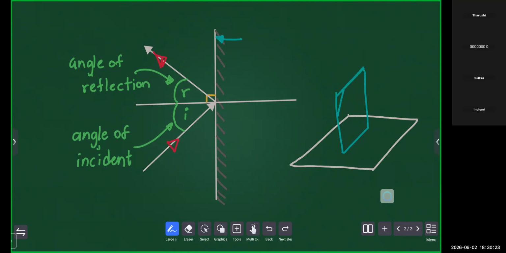I can draw like this in 3D view. This is a 3D view. This line I drew as a plane here on the board. Can you see this is the mirror? This is the mirror. And this is the axis I marked in here, axis.